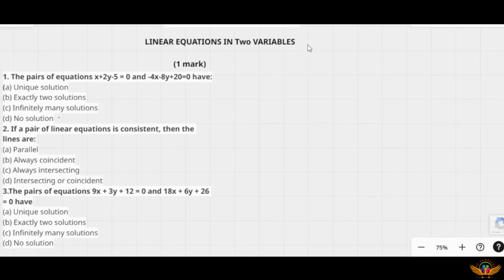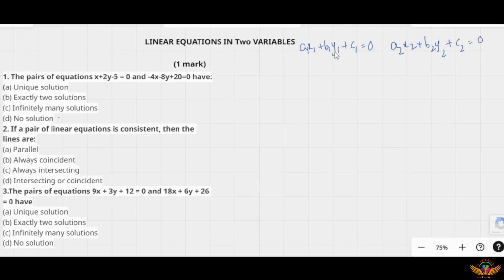Let me assume that the first equation is a1x plus b1y plus c1 equals 0, and my second equation is a2x plus b2y plus c2 equals 0.